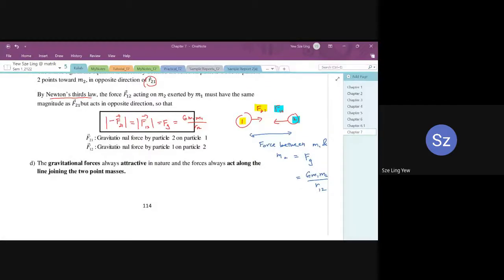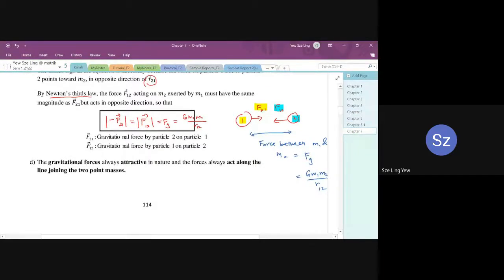In that case, you don't have to look at the direction. If the question is asking for the force acting on object 1, or on object 2, then you need to mention its direction, which you can give based on the diagram given. If the question is asking for the force between M1 and M2, then you don't have to state the direction. All right, so make sure you are clear.